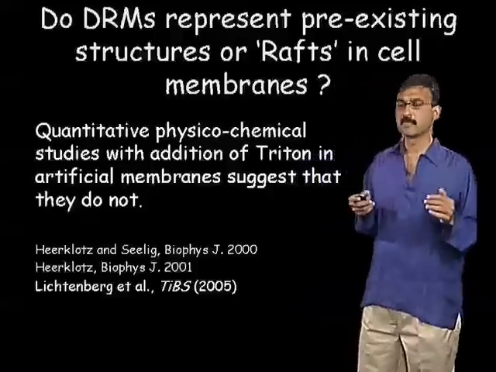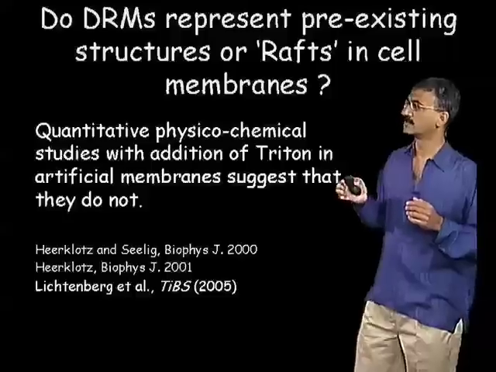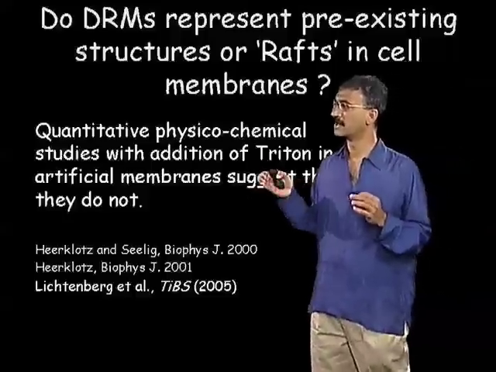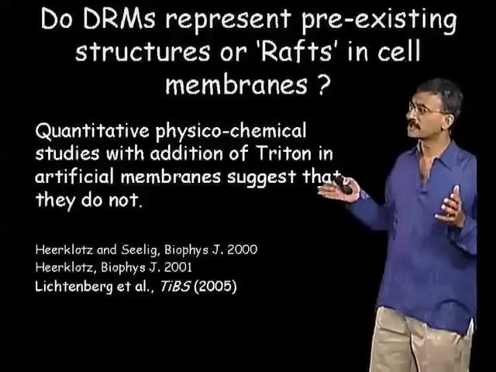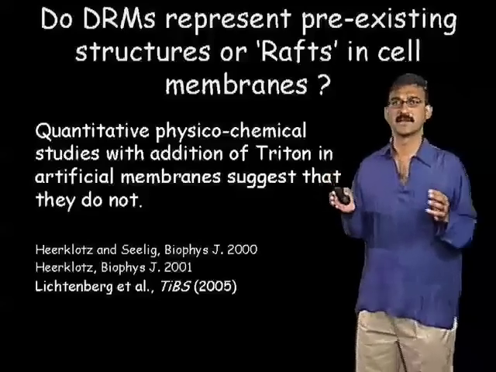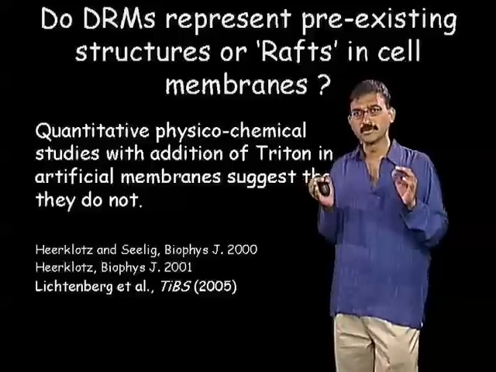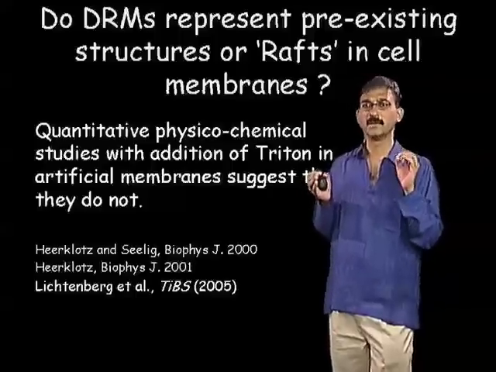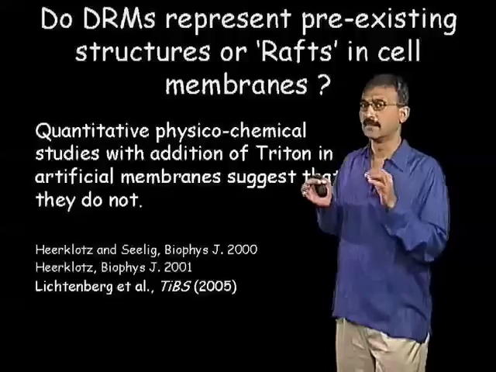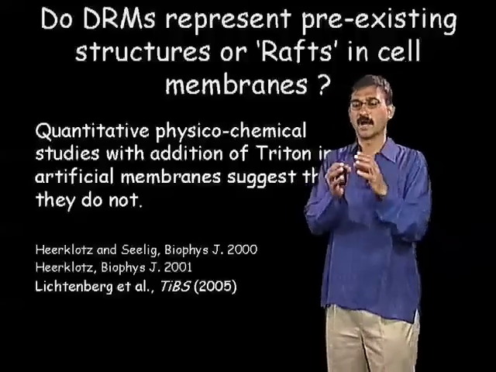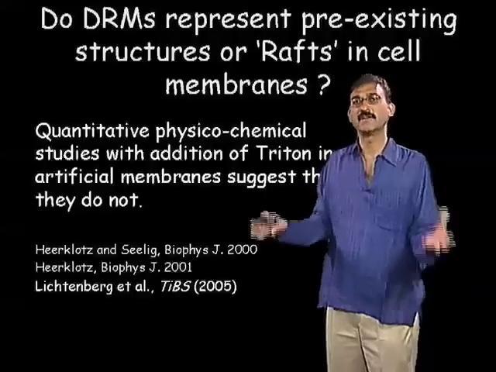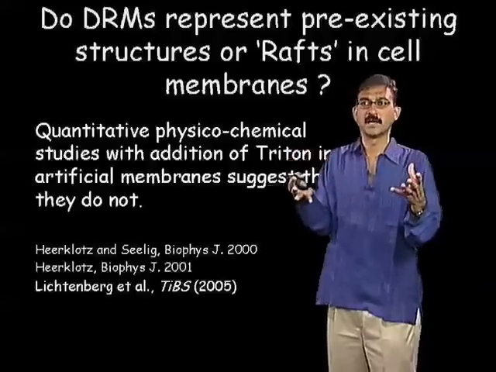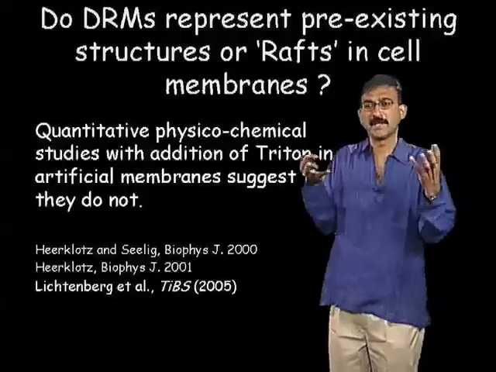I think a very important observation was made by Herklotz and Joachim Seelig, where they showed, using quantitative physicochemical studies, using isothermal calorimetry, that when you added Triton to artificial membranes that were homogeneous, you could in fact generate domains that were relatively ordered.